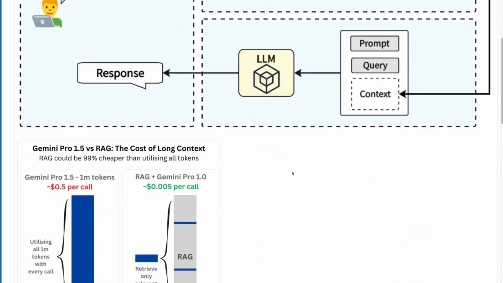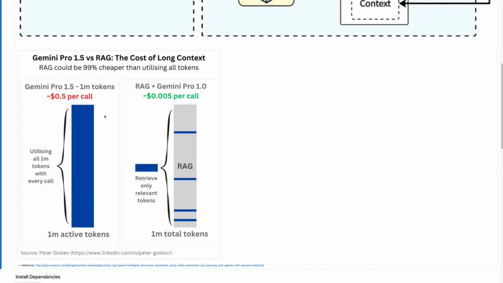Here is an interesting picture where it compares a long context model like Gemini Pro 1.5 with 1 million token size versus a combination of RAG and a much smaller model. As you can see here, the costs are pretty significantly different. Pro 1.5 is amazing with 1 million tokens.